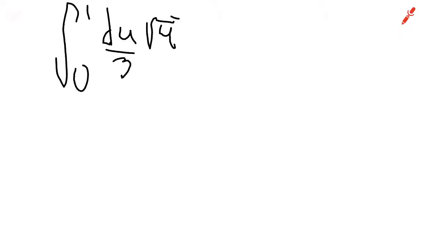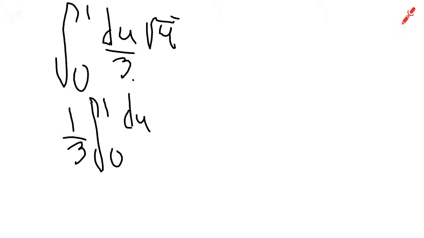Alright, so what we can do here is just put 1/3 outside of the integral. So we'll just get du times the square root of u. And now we can integrate.